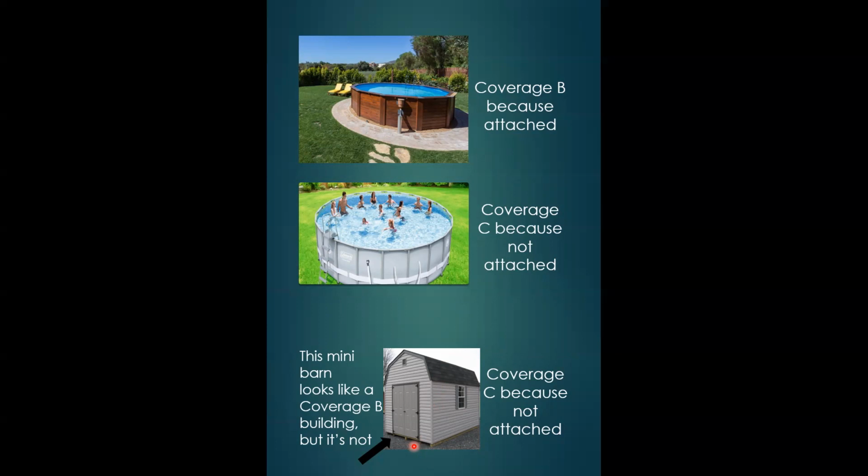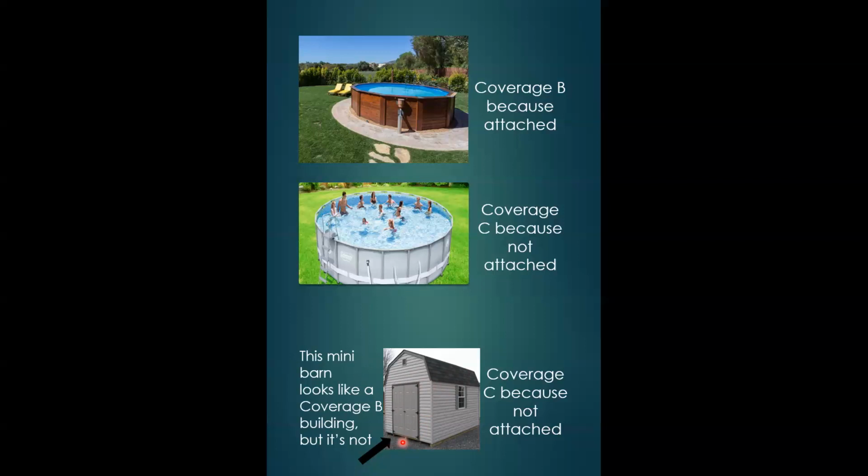If you have that thing delivered and you just roll it out and put it here on some gravel and there it sits, it's coverage C contents, because it's not coverage A because it's not the house. And it's not coverage B either because it's not a structure, unless you make it a permanent feature of the real estate by attaching it and bolting it to a slab and making it permanent. So even though it looks like a coverage B mini building, you've got to come down here and see if it's on a slab or not, because that's the difference.